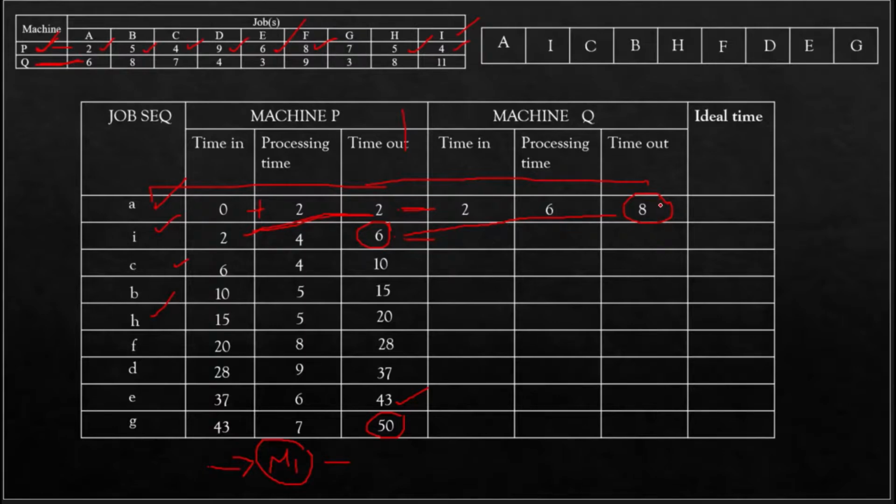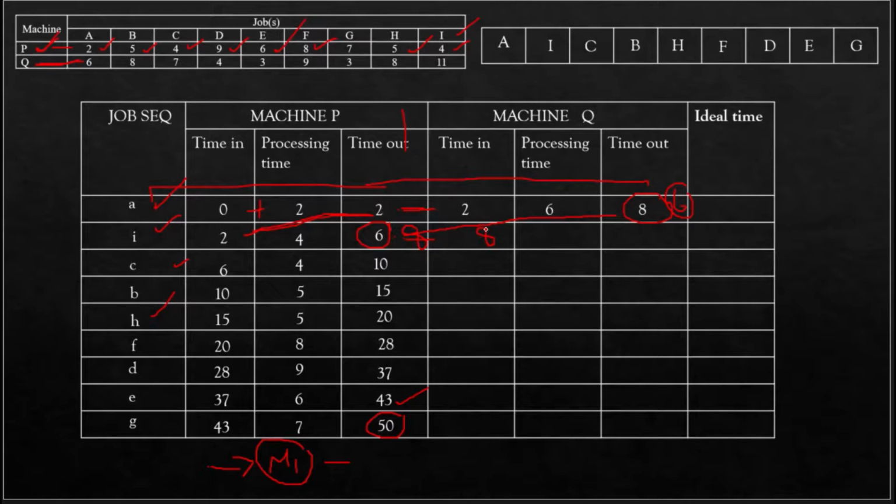Suppose the machine 2 time-out time is 6 and the processing time for the A job is 8, just for assumption. So the maximum one is 8. Once this job was processed in machine 1, it completed at the 8th hour, and machine Q completed its job at the 6th hour itself. So we will start the next job at the 8th hour. You got the point? Why?